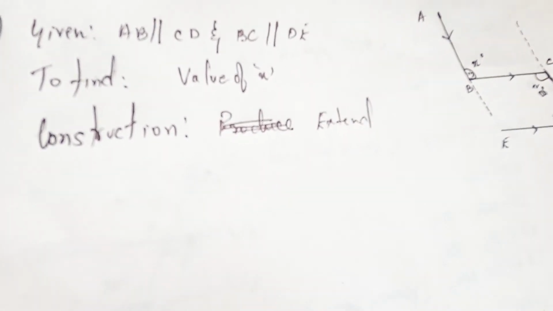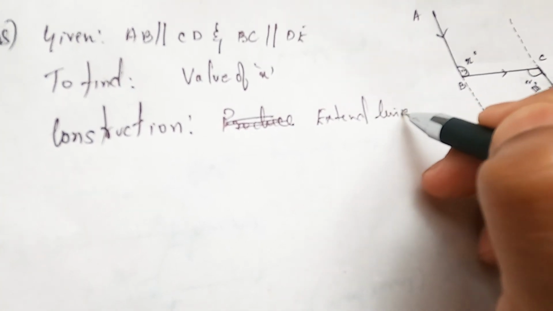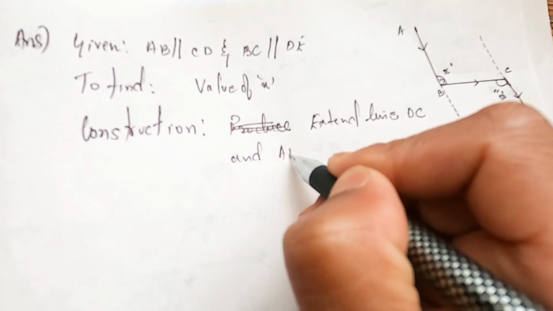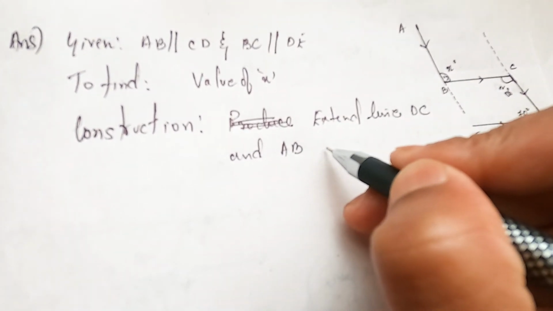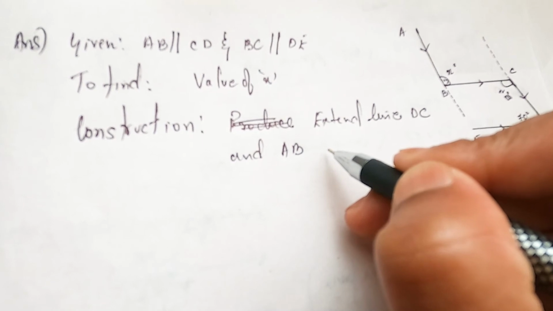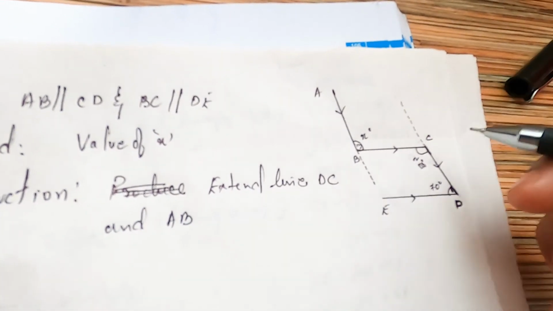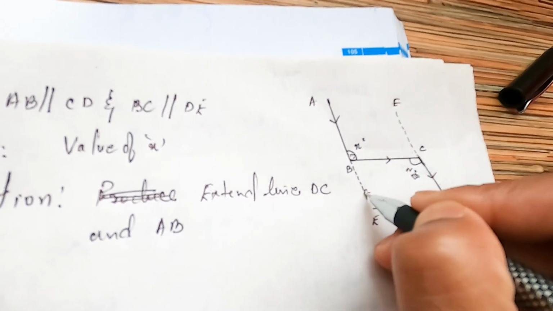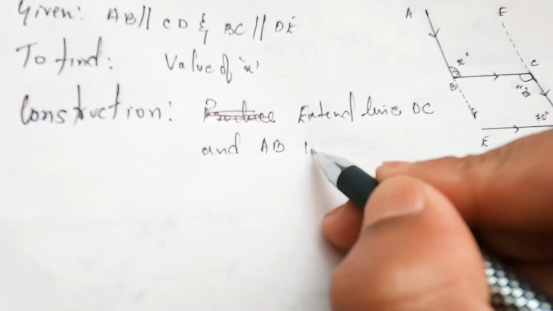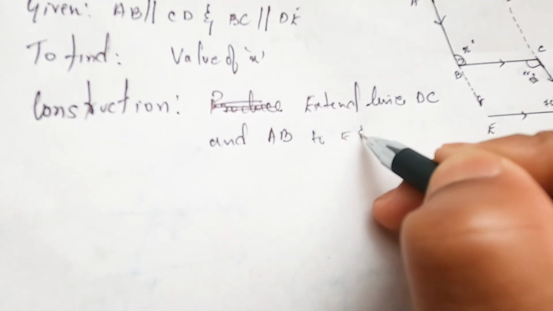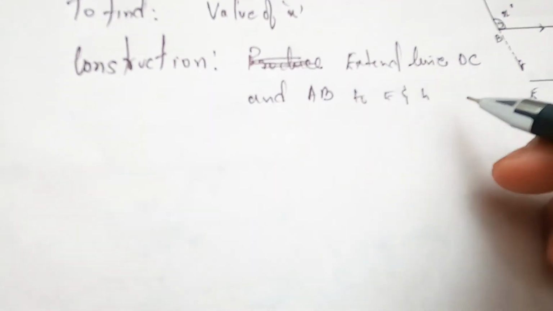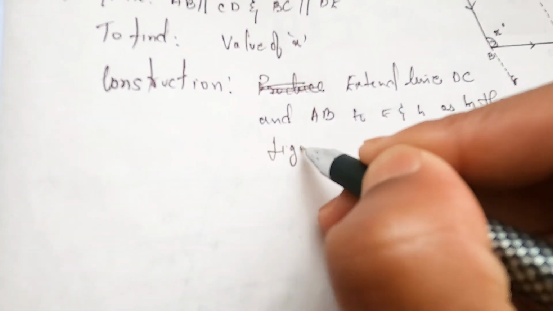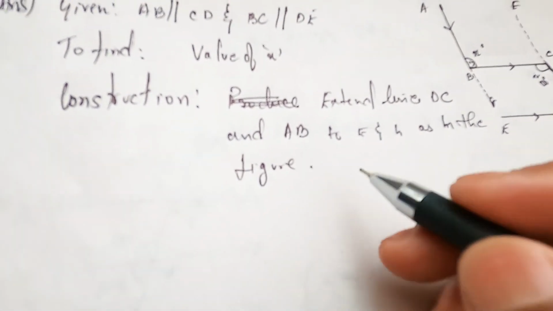Extend line DC and AB, and we name the ends F and G. So extend line DC and AB to F and G as in the figure.